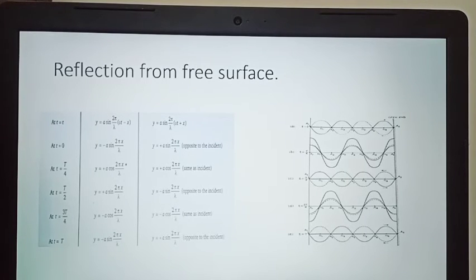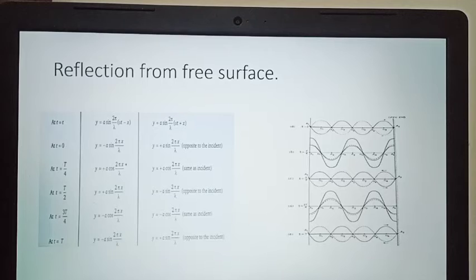At t equal to 0, you can find the dotted lines are the reflected wave, another dark line is the incident wave, then that higher amplitude wave is our resultant wave. So here at t equal to T by 4, where you are getting the nodes and where you are getting the antinodes, it is represented there.